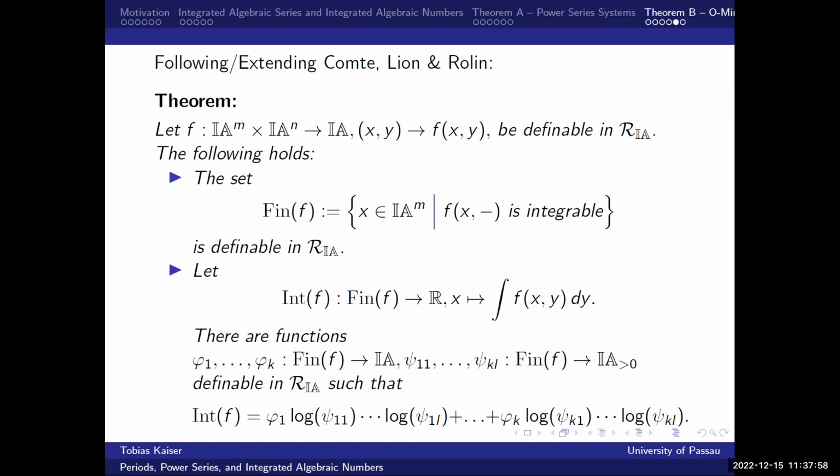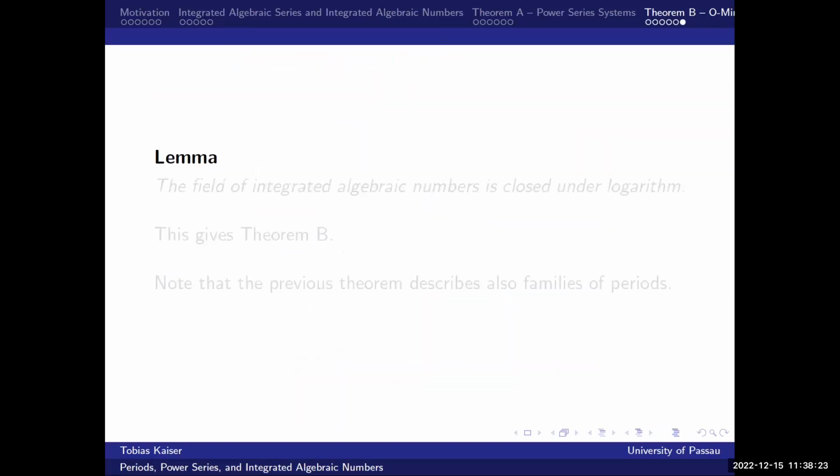And now going back to periods. Well, in periods, we do not have a parameter. So for a period, the result is that a period is a sum of products of integrated algebraic numbers and the logarithm of integrated algebraic numbers. But the field of integrated algebraic numbers is closed under the logarithm, which is also not hard to show, because the logarithmic series is in our setting.